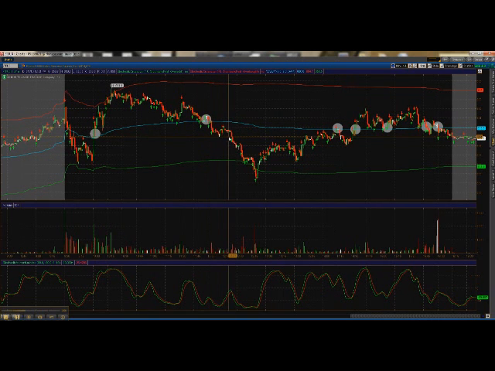We got to 659, and then we pushed back to 660. Well, there's a very enormous technical level at 660. Once we broke down below it for the first time since 10 o'clock, we retraced back to it.